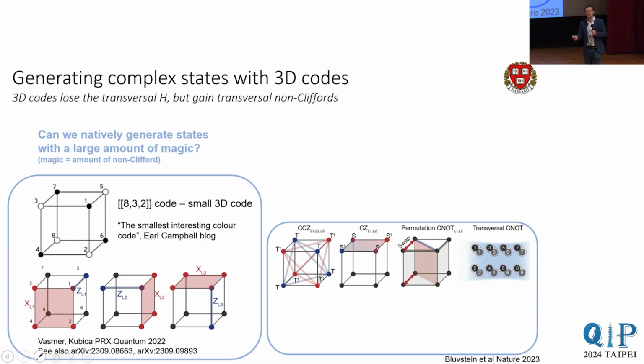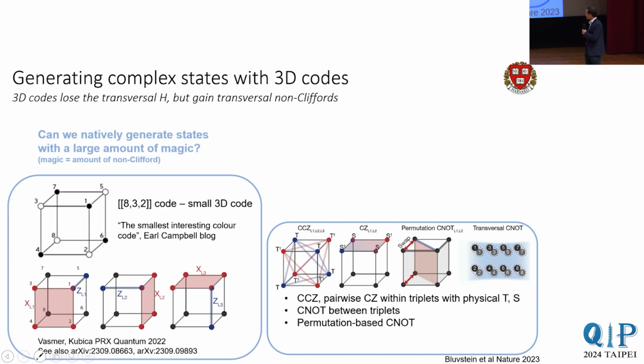We're going to generate logical entanglement just by doing single qubit rotations, which is very simple. But the key is that we pay back our entanglement credit every time we do transversal CNOTs between different 832 codes, because these are CSS codes, and so they also have a transversal CNOT. And so we have this CCZ and also pairwise CZs within the blocks. We have the CNOTs between the blocks, and we can also do a permutation-based CNOT by just physically moving the qubits around in the block.